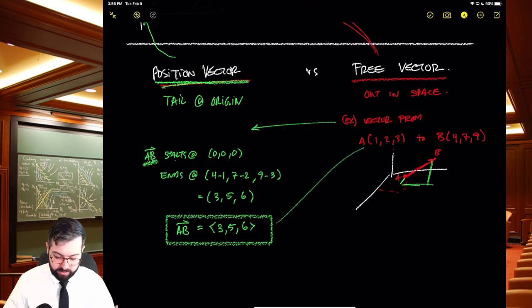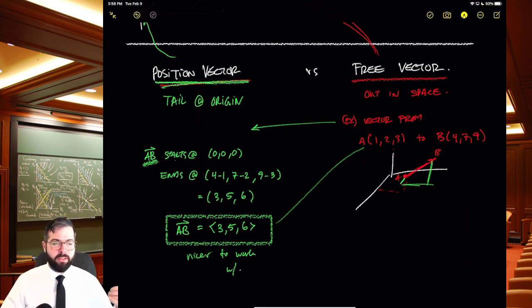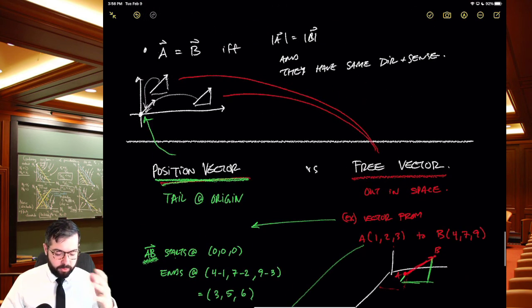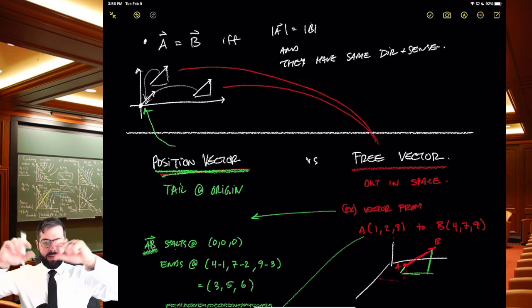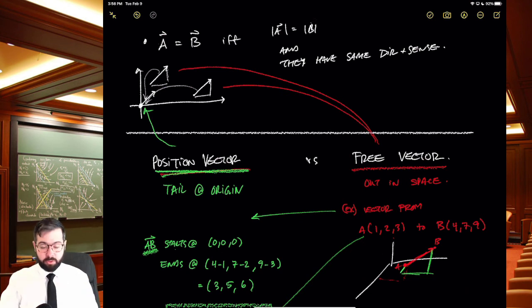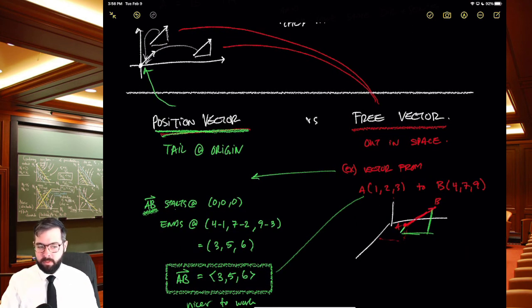Okay, so these things are the same. So these are nicer to work with. And they'll be the basis of a lot of our calculations, okay? And again, since any two vectors that have the same length and direction, and those are preserved when we do this, we'll just work on position vectors.